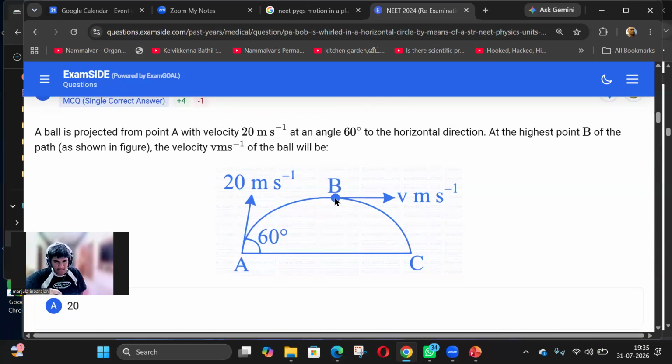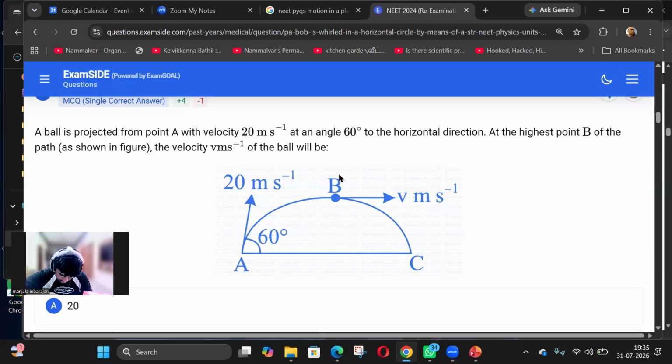What is Vy at point B? Vy at point B is U sin theta. The highest point is not projected, it's continuing from here. It's moving in the horizontal direction. So what is Vy? U sin theta, that's the initial. Final V sin theta. Vy at point B is 0, the turning point.